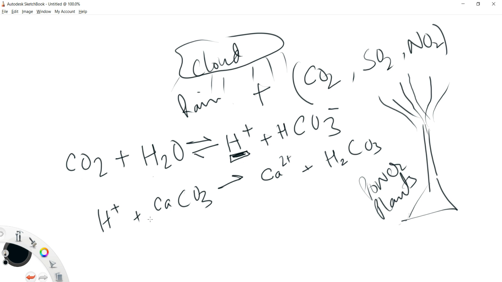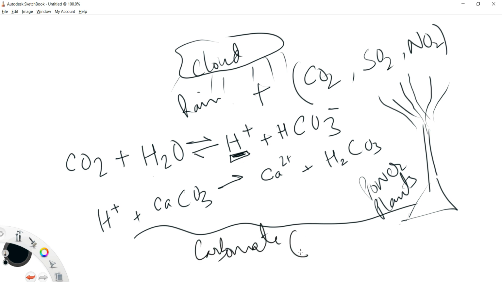So this is why. Now look at this acidic water when it falls on the ground, right? Suppose this is a carbonate rock, which is also called a karst aquifer.